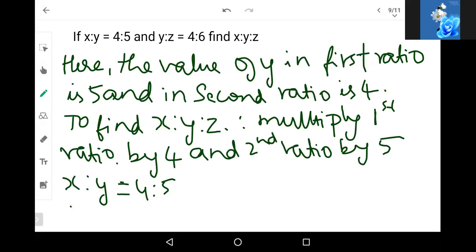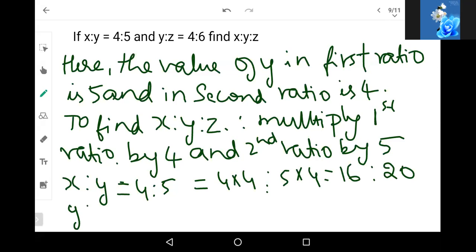We are going to multiply the first ratio by 4. Now how does this come? 4 4s are 16 and 5 4s are 20. So 4 into 4 is to 5 into 4, which will be 16 is to 20.